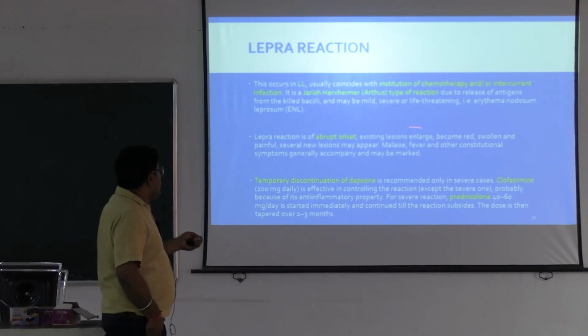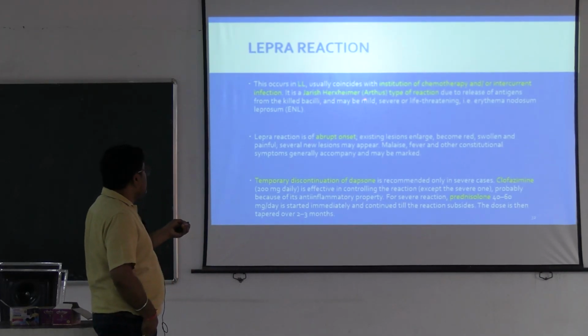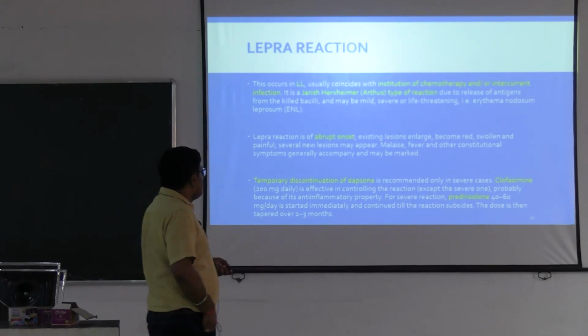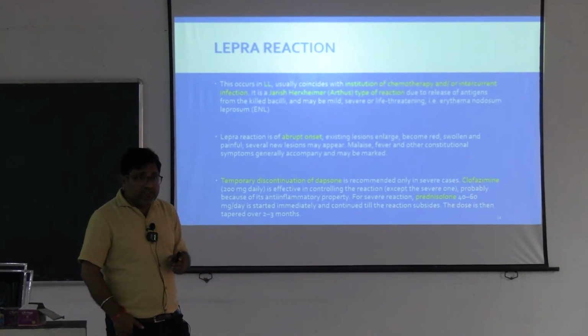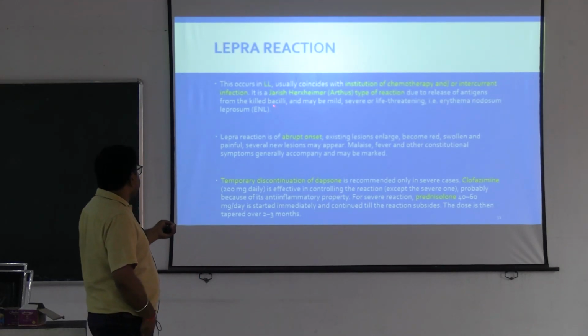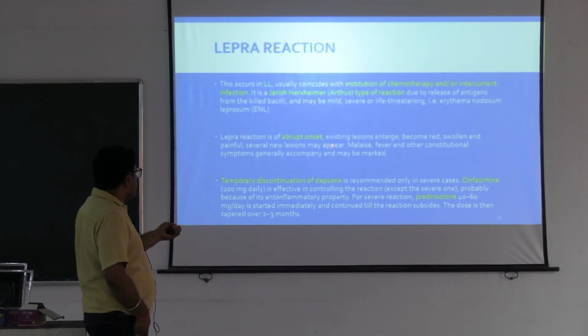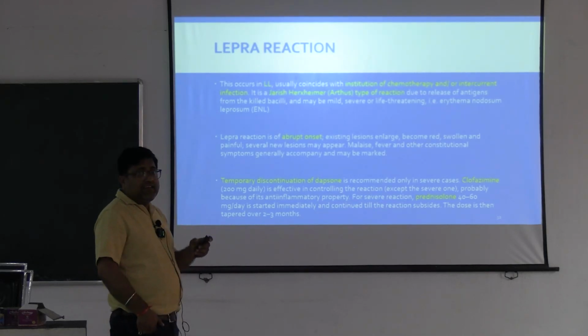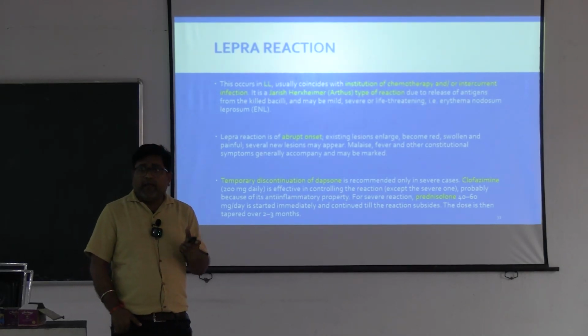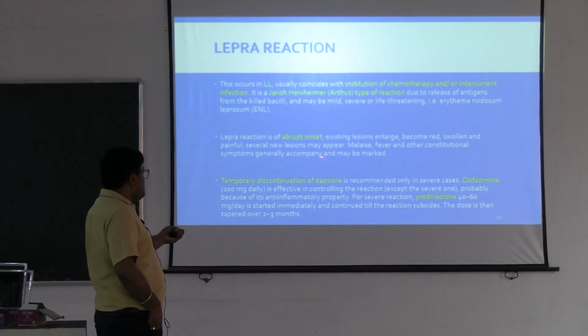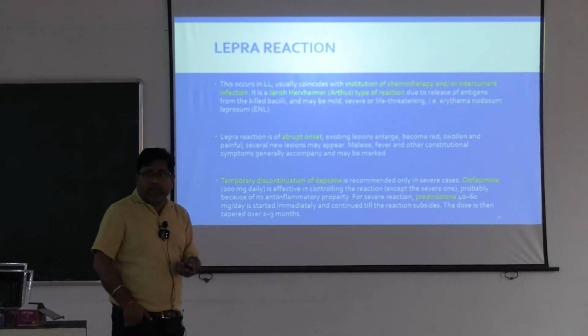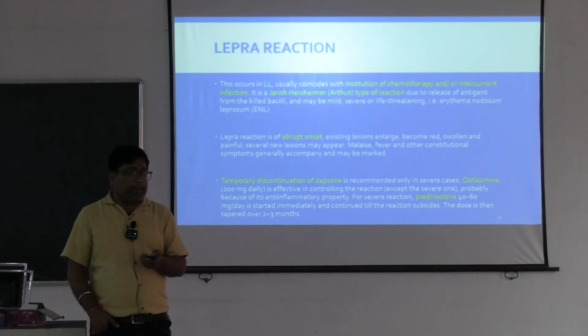Basically it is a Jarisch-Herxheimer type of reaction due to release of antigen from the killed bacilli. It has an abrupt onset. The existing skin lesions can become enlarged and swollen, lymph nodes can become swollen, there will be fever, new lesions can appear, and body ache and other constitutional symptoms can be seen.